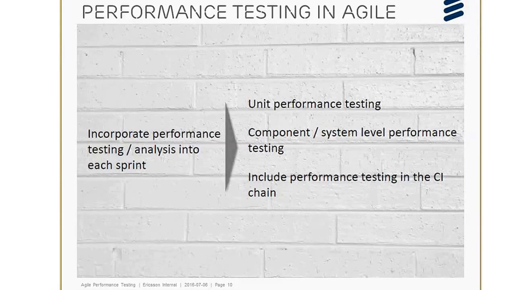And what types of testing do you do here? One is unit level performance testing, one is component level performance testing, and you club all these activities with a CI chain.